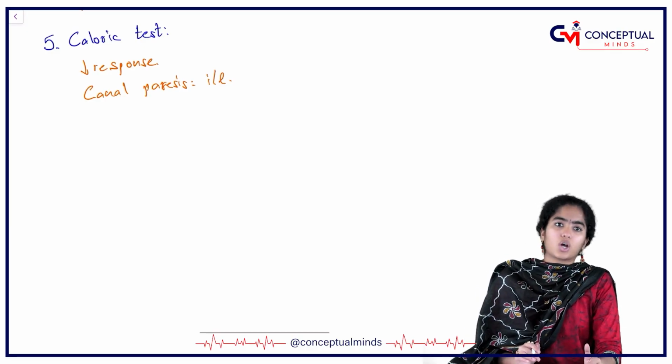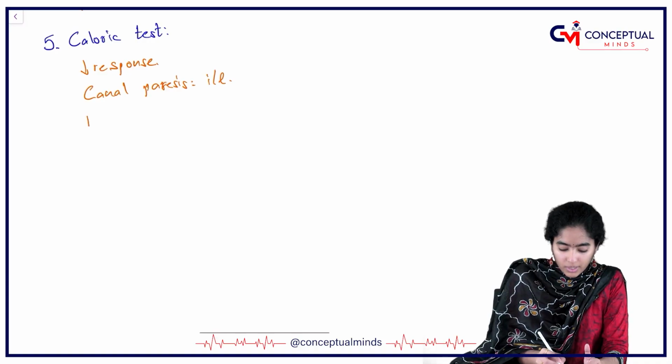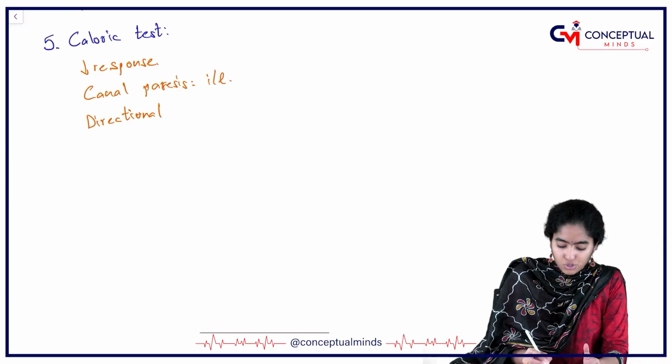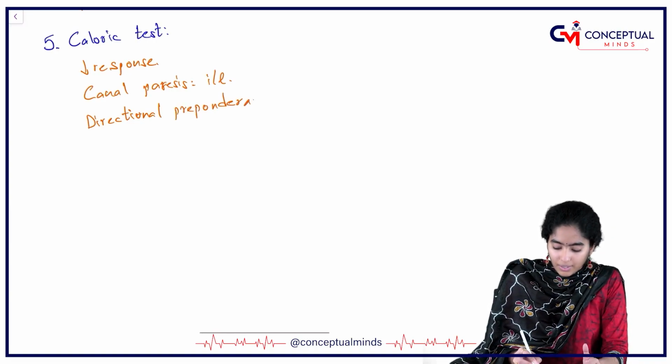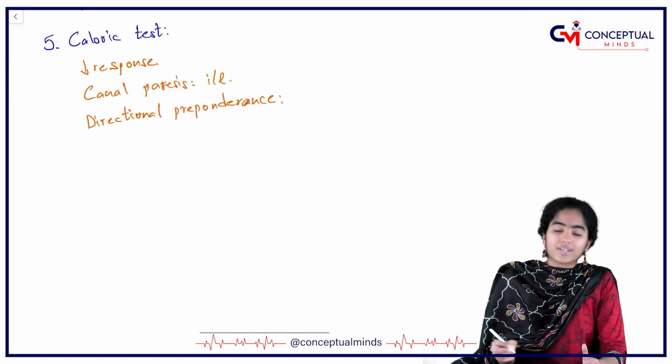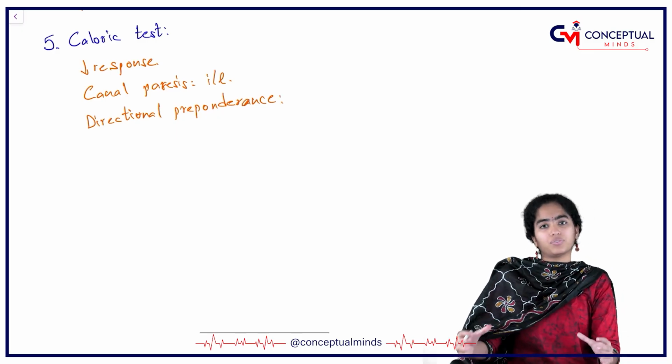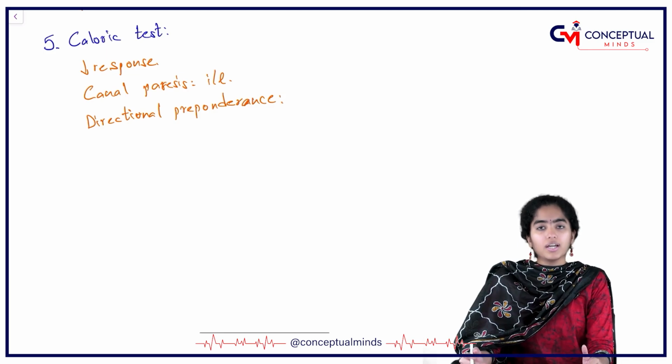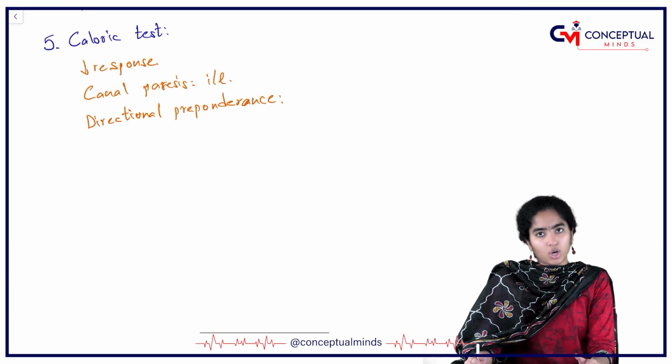And there is something else called directional preponderance. Now these are used to distinguish a central lesion versus a peripheral lesion while studying vestibular pathology.